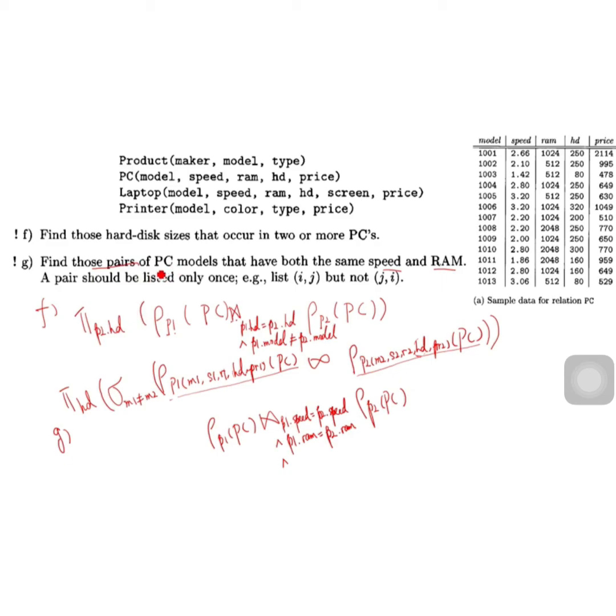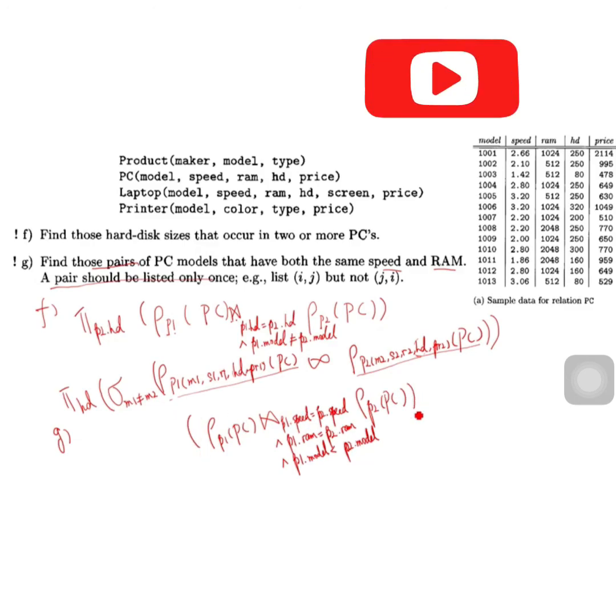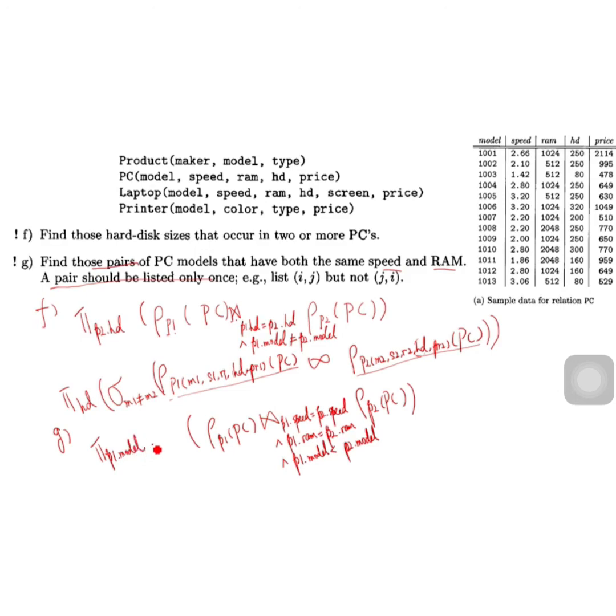Pairs of PC: one pair should be listed only once, so we can use P1 dot model less than P2 dot model. Okay, you can also use P1 dot model larger than P2 dot model. Now we can get the pair pi P1 dot model, P2 dot model.